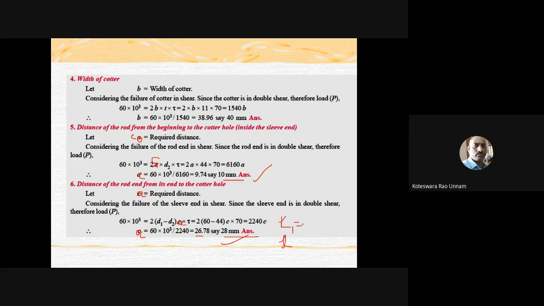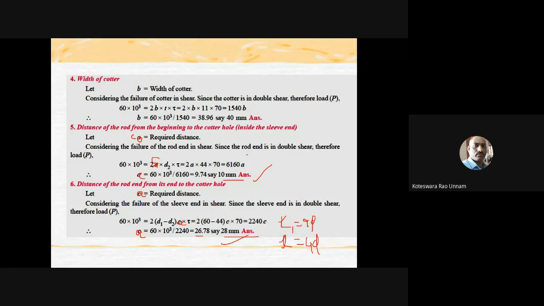Capital L is nothing but 90, small l is 4D, so you can find those dimensions also. With this, we computed all the parameters required for this sleeve and cotter joint. That is the solution for the given problem.